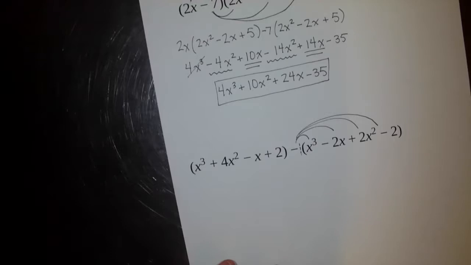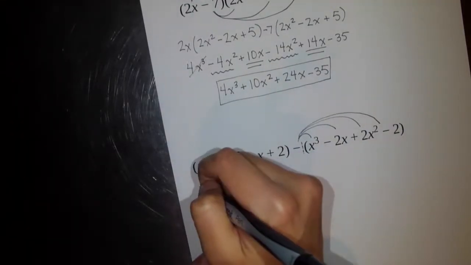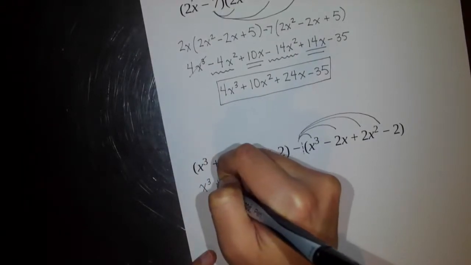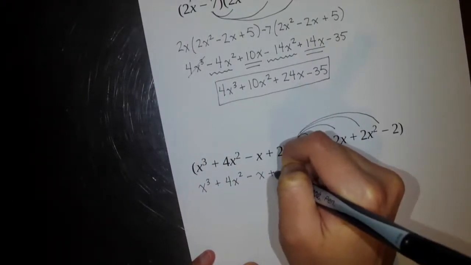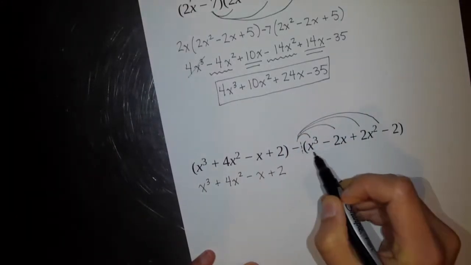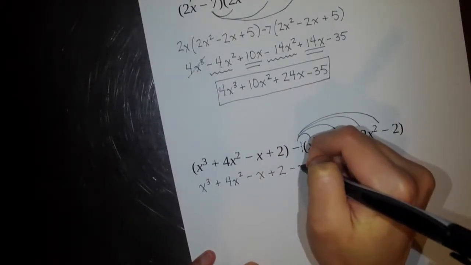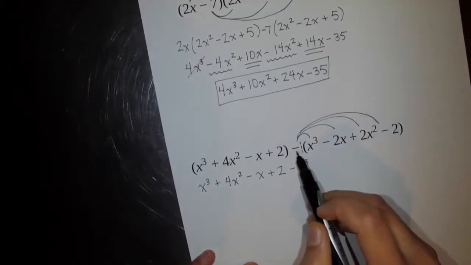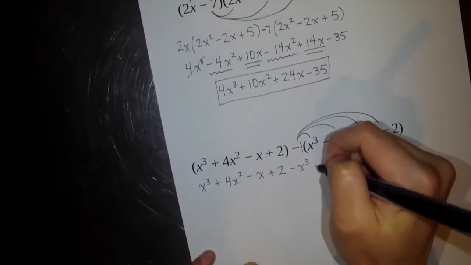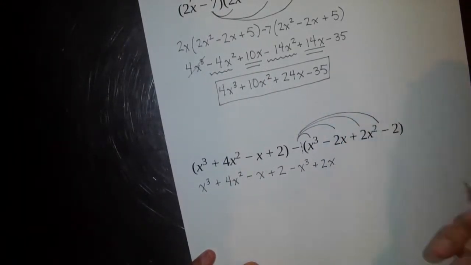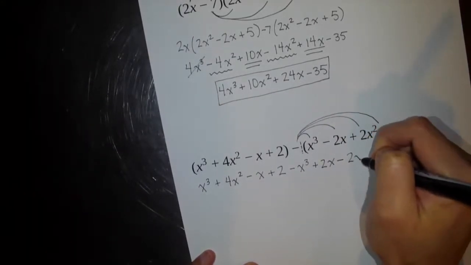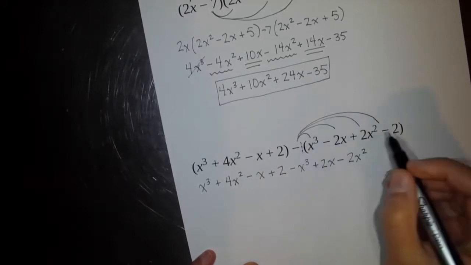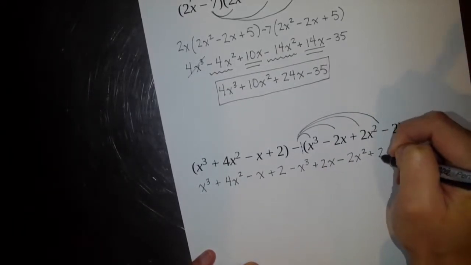After I distribute, I'm going to rewrite everything without parentheses. So this x to the third, I'm just going to bring it down. It's 4x squared minus x plus 2. This will become -x to the third. Negative times a negative is positive 2x. Negative times a positive is -2x squared. Negative times negative is positive 2.